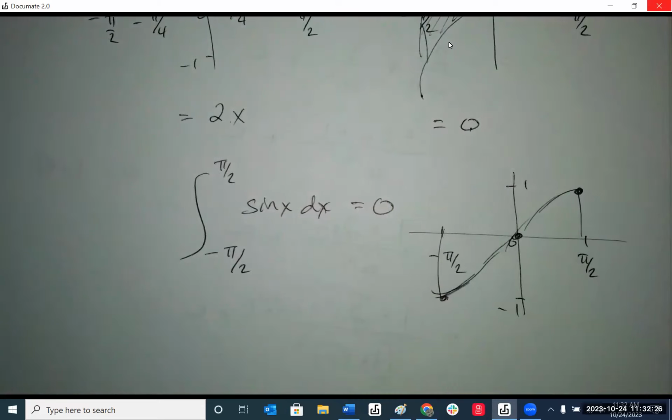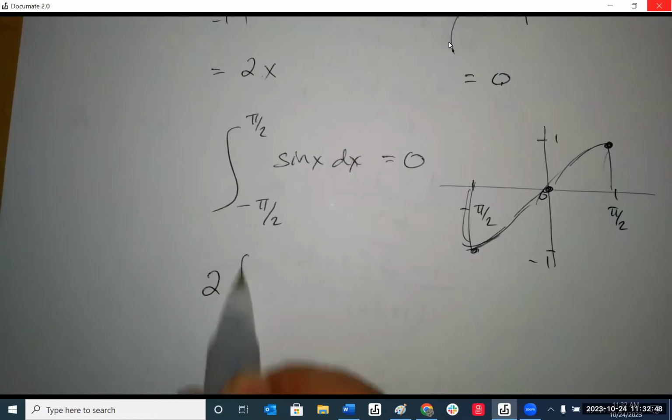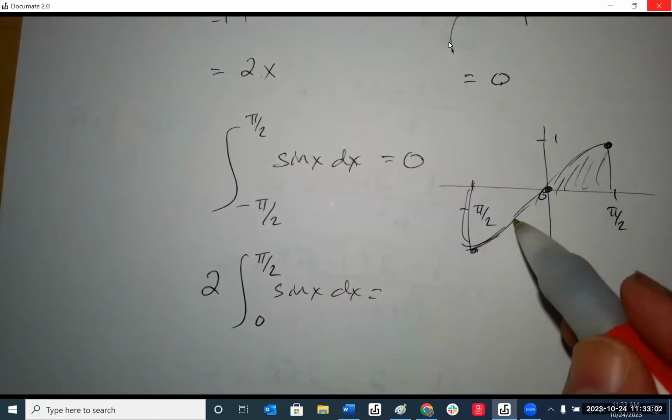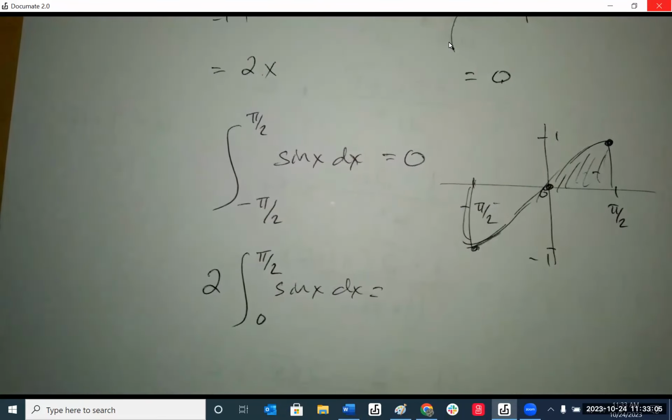So the area of this would be 0. And that's why in calculus 1, you learned if your areas ever become 0, you can change the bounds of integration. Since both of these are equal, I could change this to twice from 0 to pi over 2 if I wanted to. And then I can find this area and double it, and that'll be both of those. But that's for later.